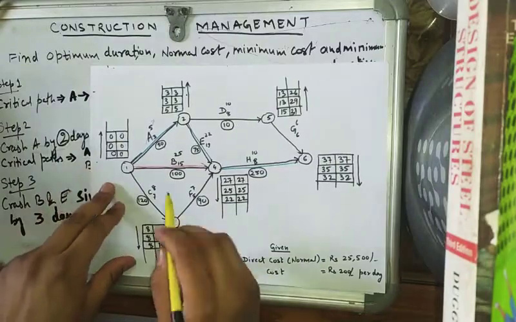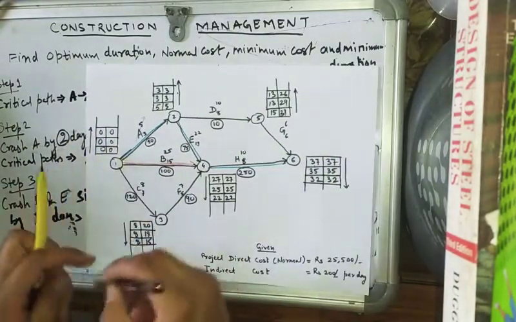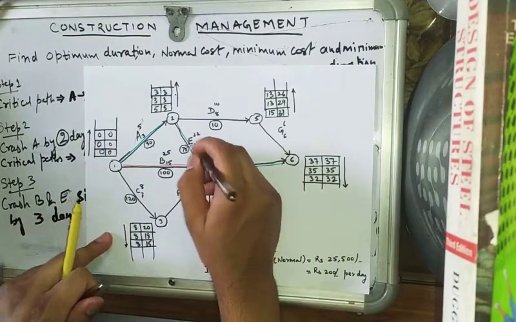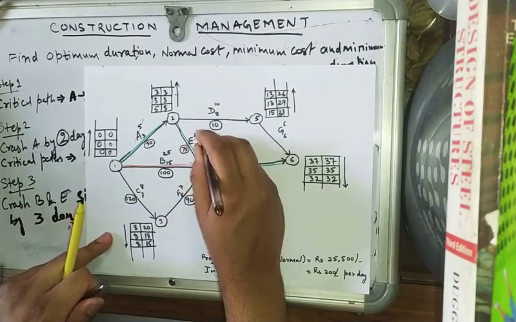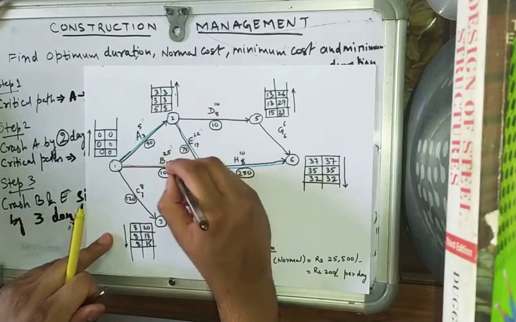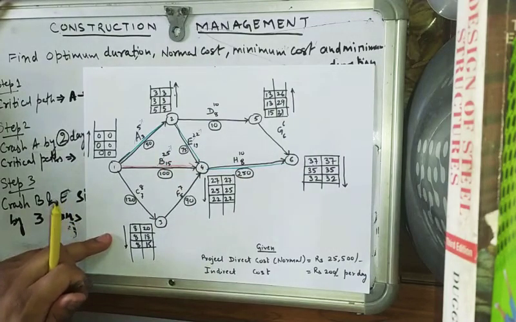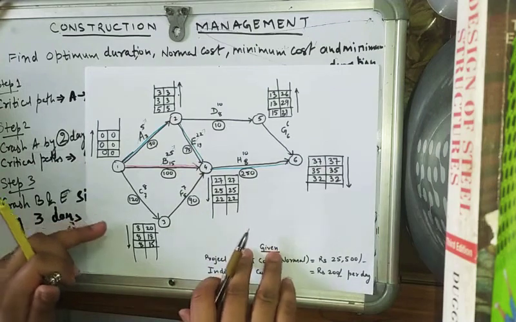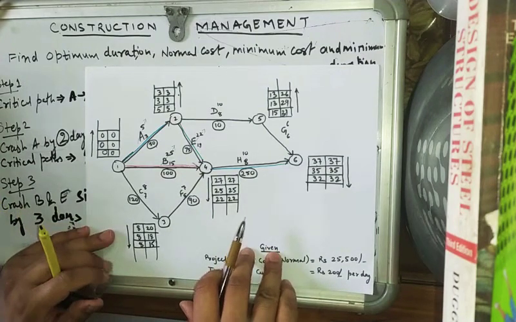Now we see that we cannot reduce this any further. We cannot crash B as well, because these two have to be crashed simultaneously. These are parallel activities.